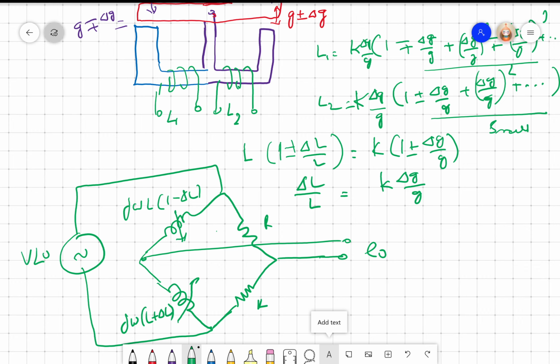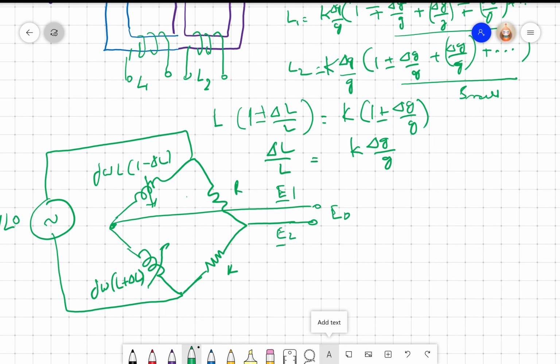So I have V angle 0 here. Please remember, the moment I write j omega L, I cannot use instantaneous values. I have to use a phasor, right? The moment we go into the impedance domain and use j omega L, I have to use voltage and current as phasors. So if I look at this voltage, so V naught is E1, let me again put phasor voltage, E1, E2, and this is E naught.